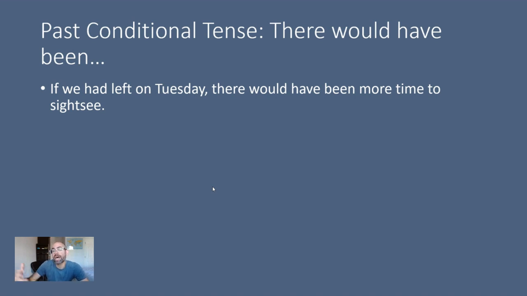So we say there would have been, right? If we had left on Tuesday, there would have been more time to sightsee, right? So this is a tense that's used to talk about how things could have been different if we had done something in the past that we didn't do, right? So this is the past conditional tense.